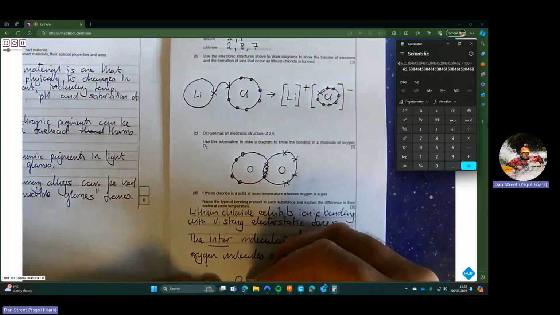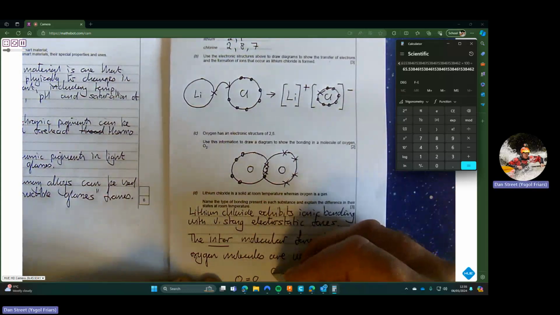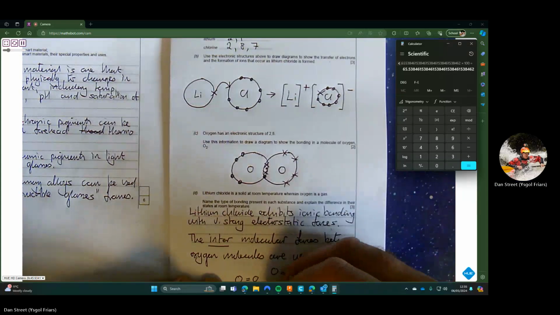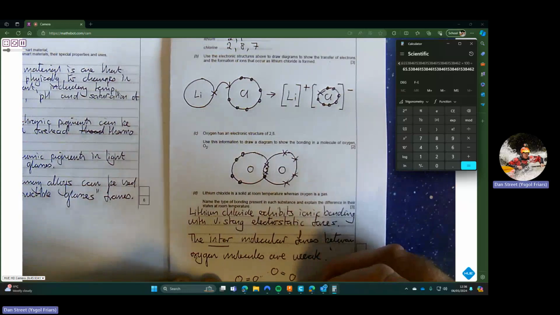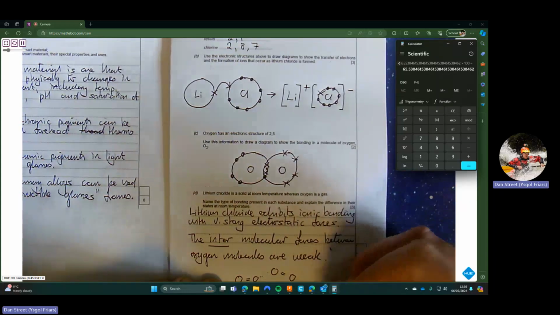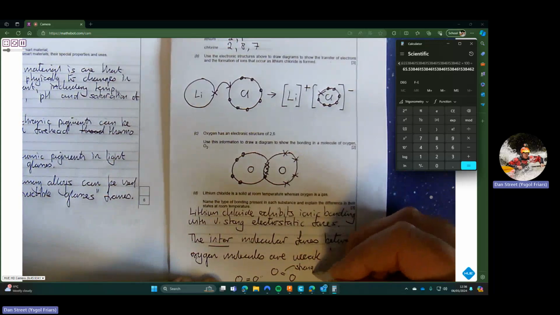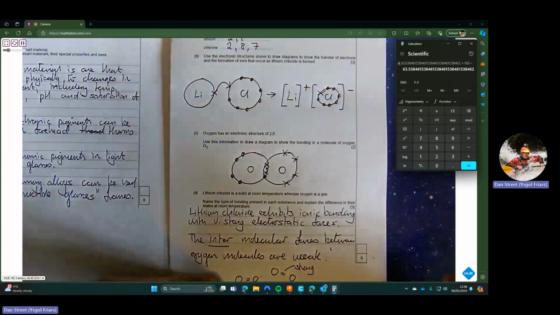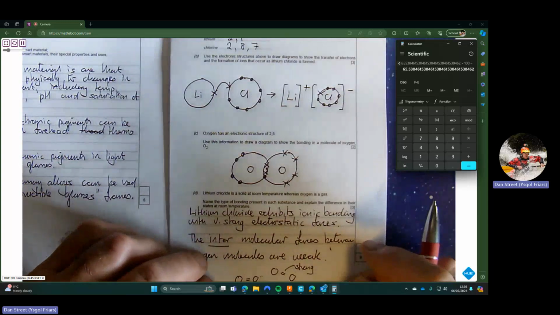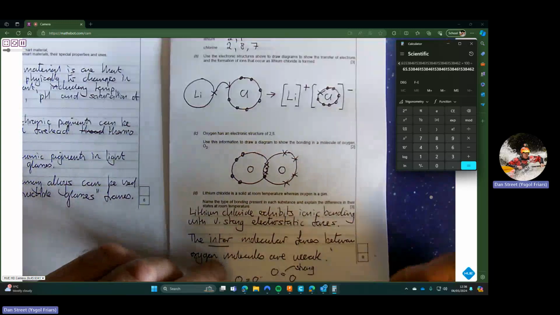So I can just illustrate that with a diagram. So these forces here are weak, whereas the bonds within the molecule are strong. But it is the weak bonds between molecules that mean that oxygen gas has got a low melting point and boiling point.